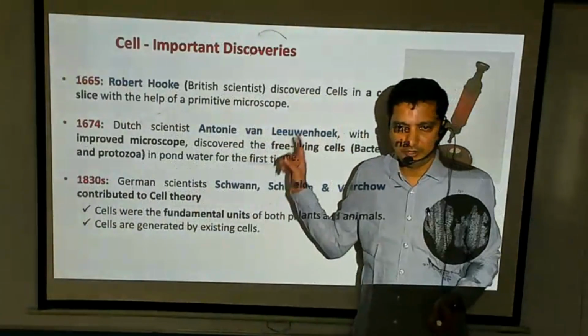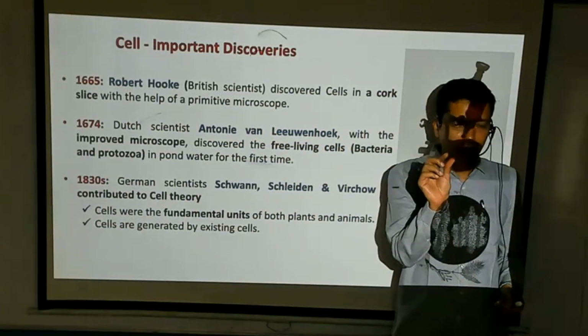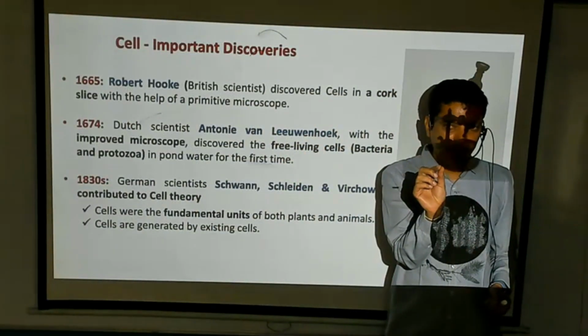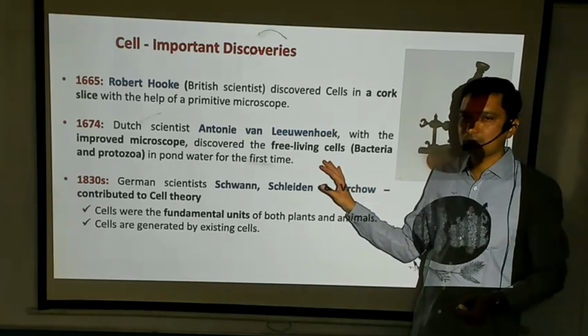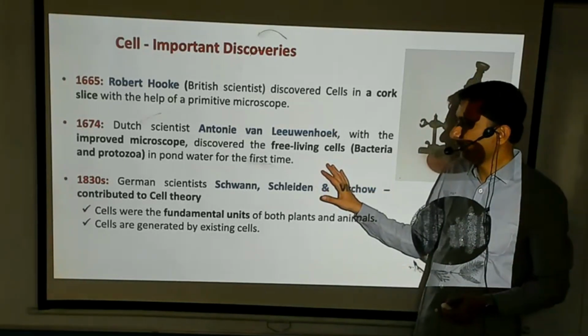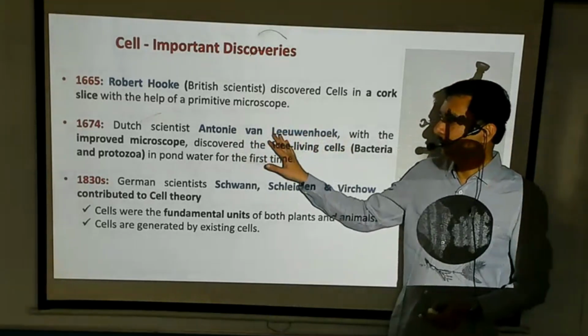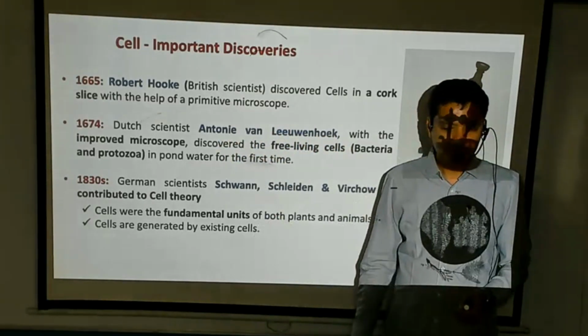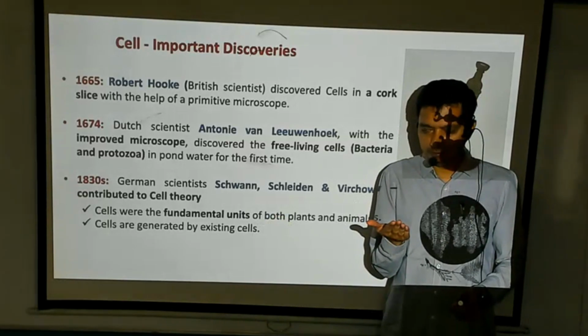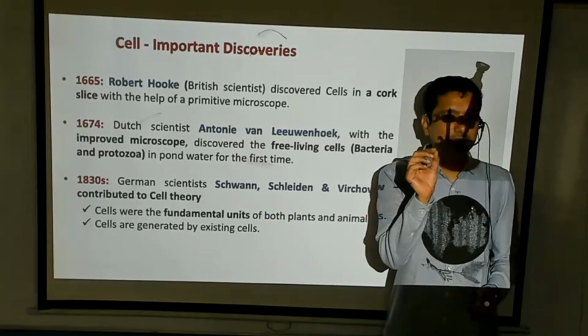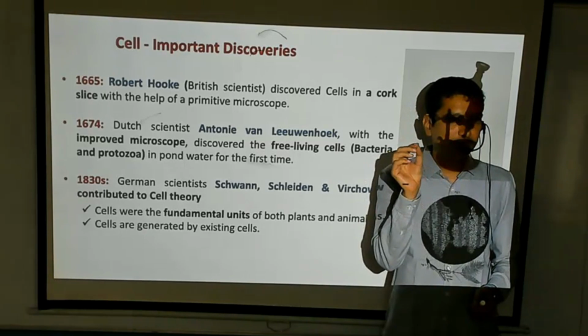I was telling you before, plant cells are a little bigger and microorganisms are much smaller than plant cells. A more improved microscope was needed, and that was made by Antony van Leeuwenhoek, a Dutch scientist. He saw the pond water under this improved microscope and started seeing moving microorganisms.